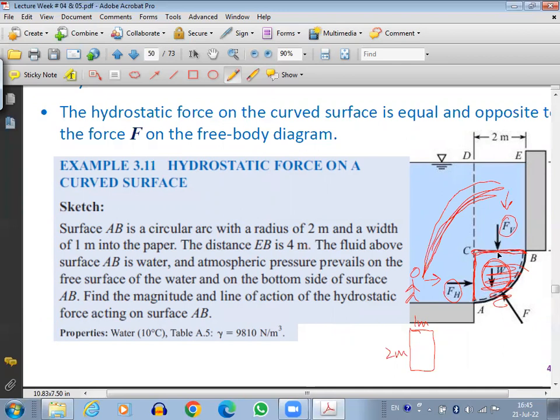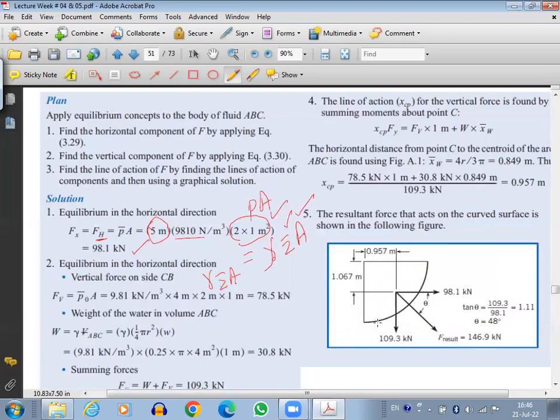How would the projection look? Again, a rectangle, where this would be 2 meter and into the paper is 1 meter. So it would look exactly the same. So 2 by 1 is the area.